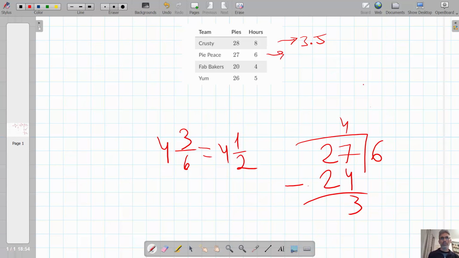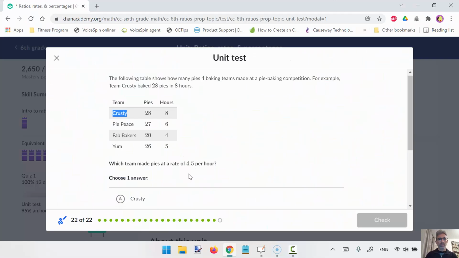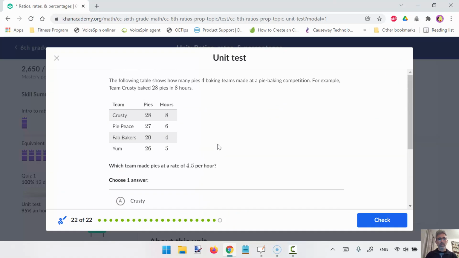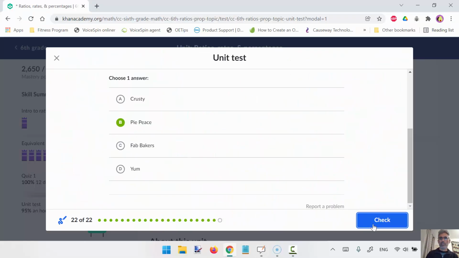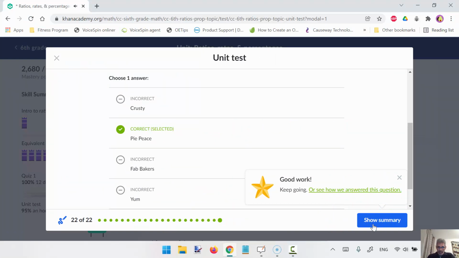So this is 4.5 pies per hour. 27 divided by 6 is 4.5. 4 times 6 is 24. Half of 6 is 3. 24 plus 3 is 27. Okay, so this team is the correct answer. Yep. Good.